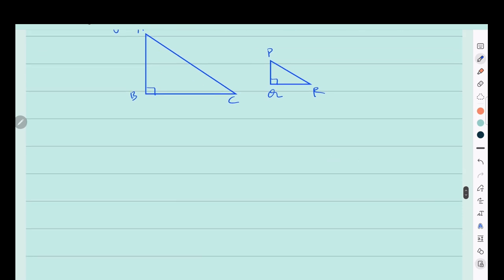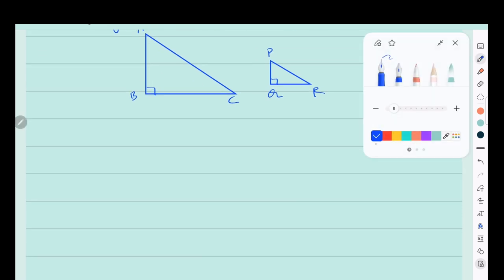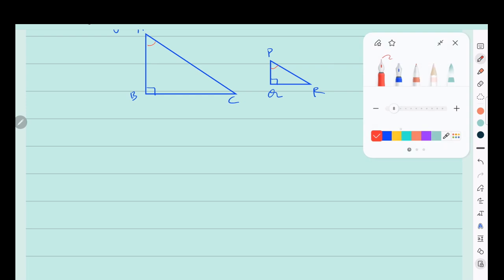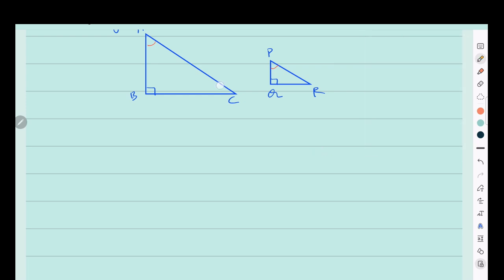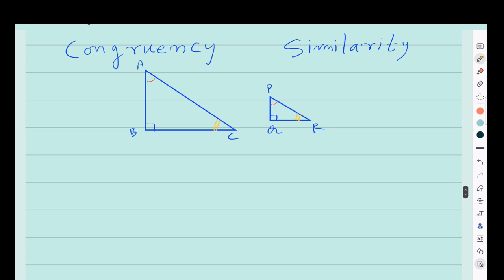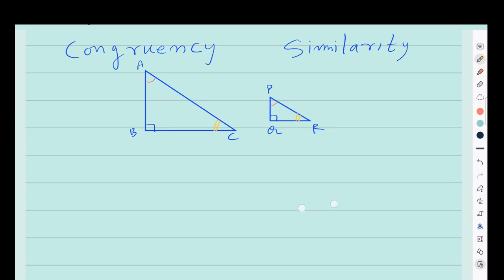If all the corresponding angles of the triangles are the same, then the triangles are similar. So that is the condition of similarity for a triangle.